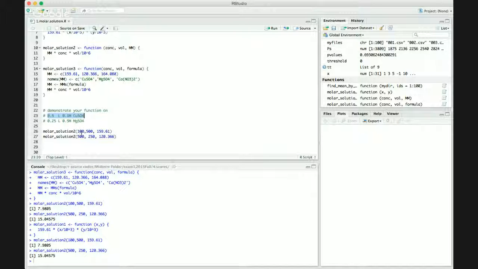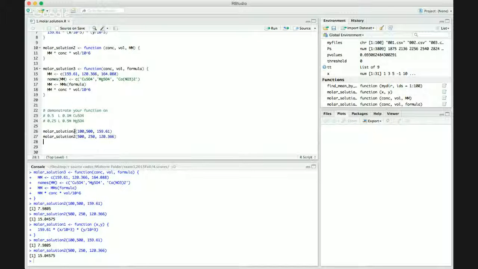So the first space would be for concentration, then volume, and then the molecular mass. So the concentration that I want here is 0.1 molar. So in order to get that, I need to type in 100, because 100 times 10 to the 3 would be 0.1. And then the volume that I want is 0.5 liters, and I type in 500. And then the molecular mass of CuSO4 is 159.61.